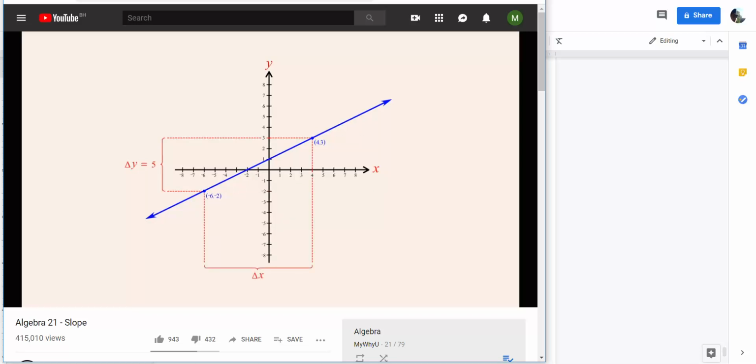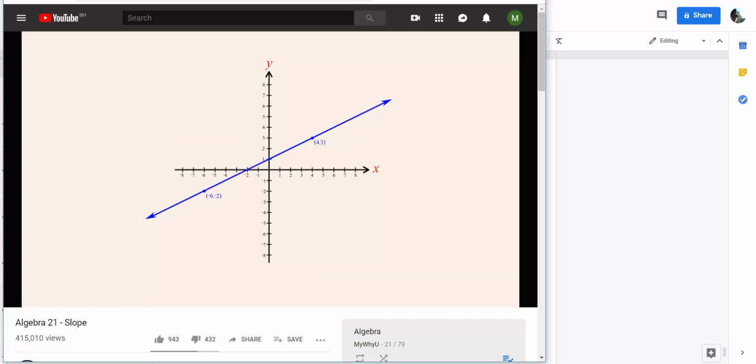And delta x is the x-coordinate of the right point minus the x-coordinate of the left point, or 4 minus negative 6, which is the same as 4 plus 6, or 10. So the slope, delta y over delta x, is 5 divided by 10, or 1/2. The same value we calculated before using a different pair of points. So 2 pair of points suffice just fine.